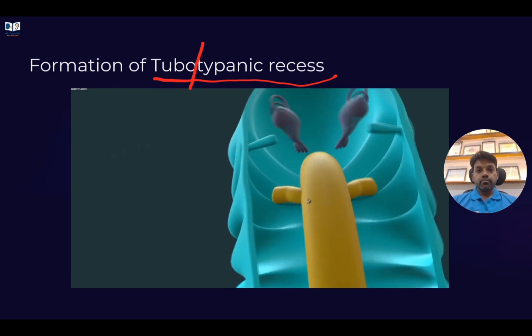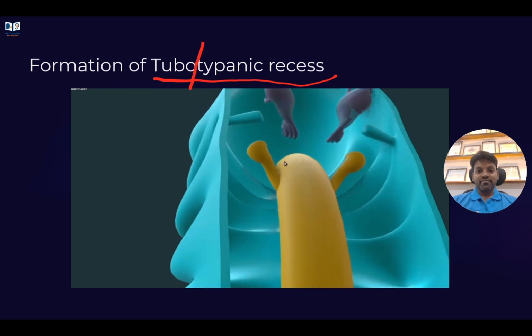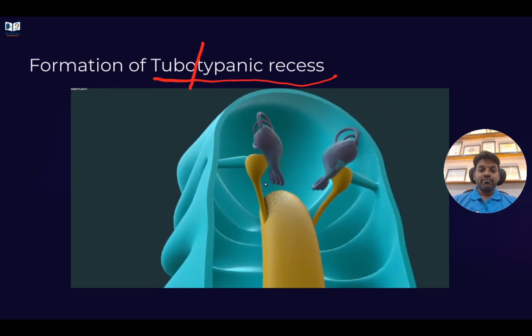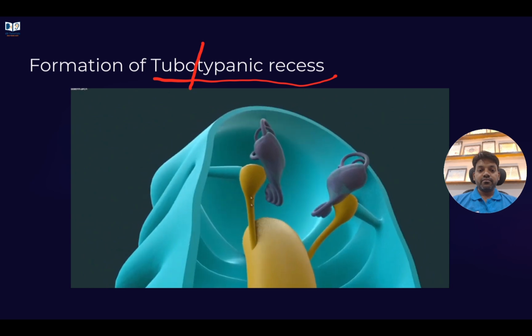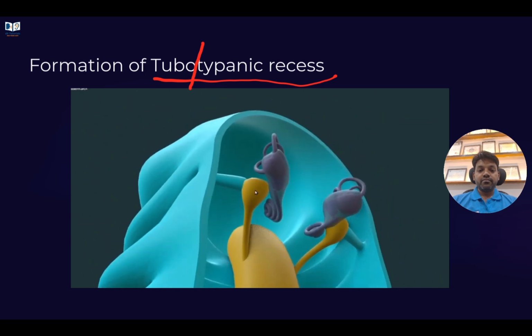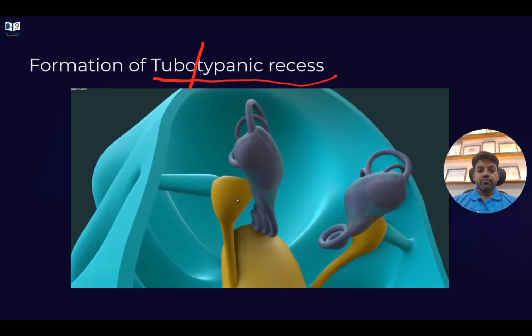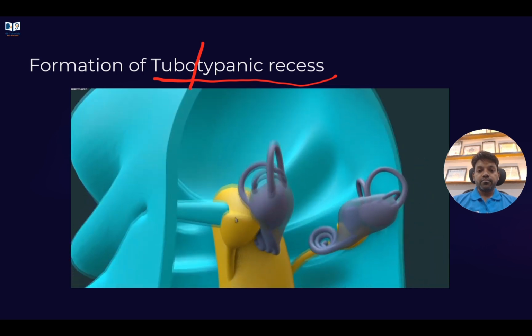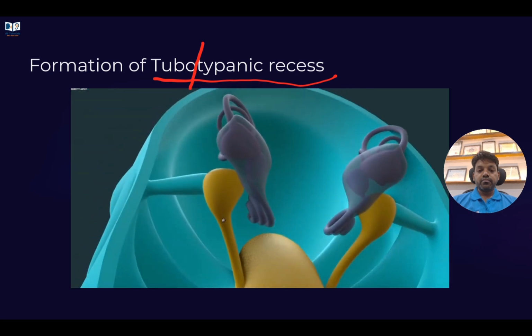Now let's watch the animation and then I will explain. Here you can see that this extension, the tubo-tympanic recess, went closer to the internal ear, and then its distal end dilated to form a cavity, and this cavity is the primordium of the middle ear cavity. I think this animation was very easy to understand, thanks to the YouTube channel.